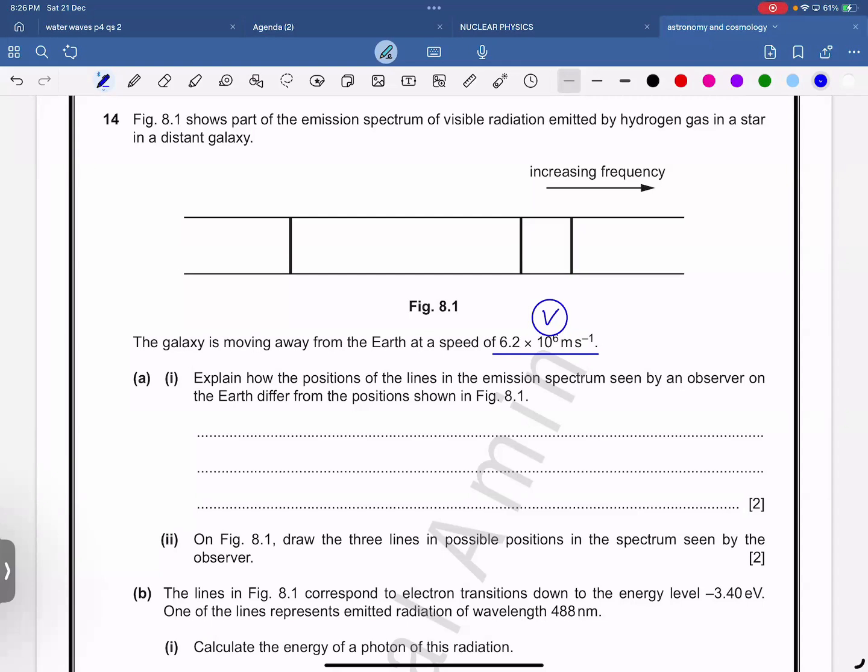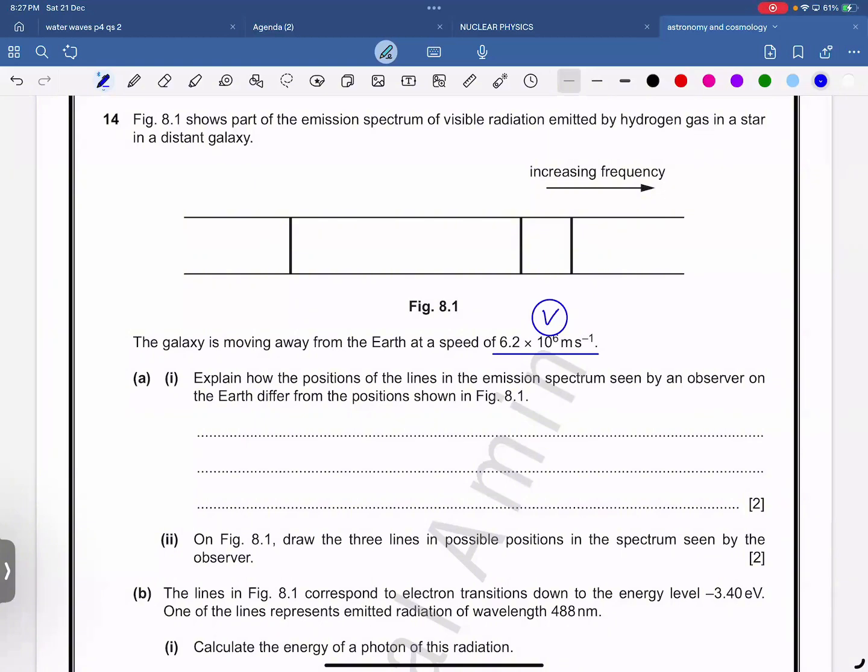Of course, they will be shifted towards a lower frequency. Why did I say lower frequency? Shifted towards the left side. Because actually the redshift means increased wavelength. Increased wavelength means decrease in frequency. They didn't give the wavelength spectrum. They gave you frequency spectrum. So increase in wavelength means decrease in frequency. So frequency decrease means all these spectral lines will be moved towards the left side. Yes or no?